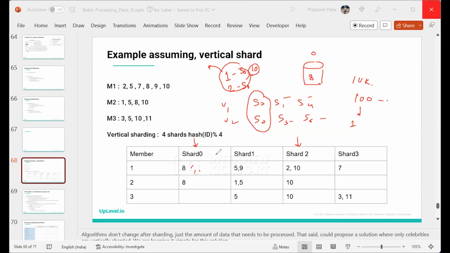In that approach, if user one's data is present in shard 0, then all the data would be present in this shard only. In the worst case, it may have like 5K users' data present in this particular shard, and somehow the connections have grown a lot overnight.